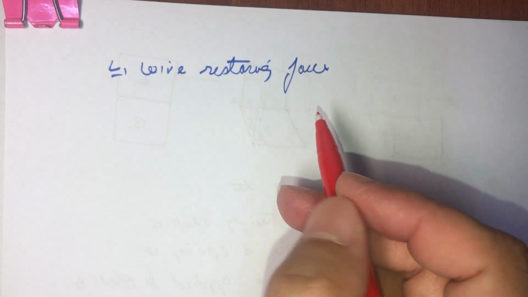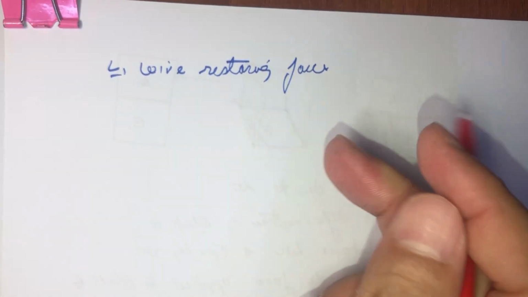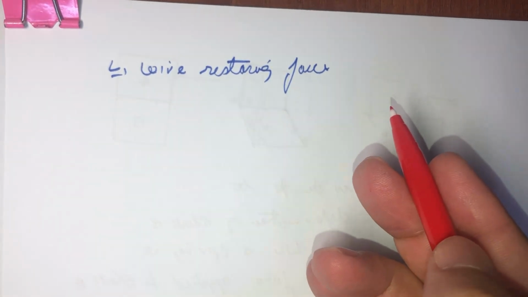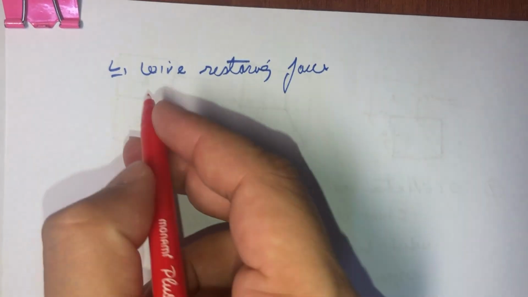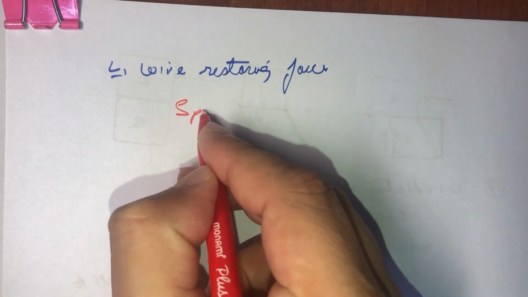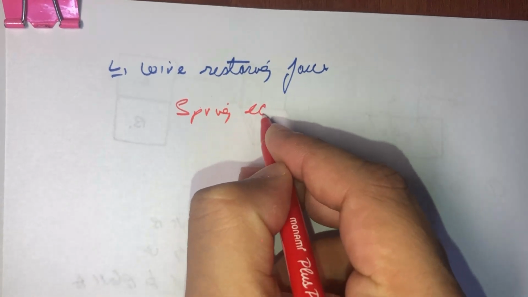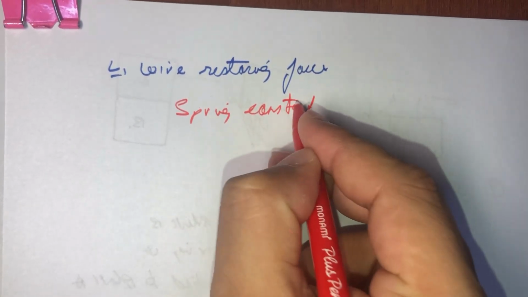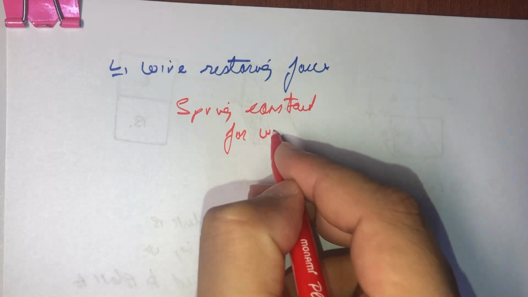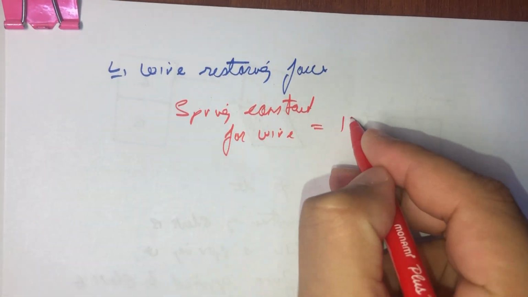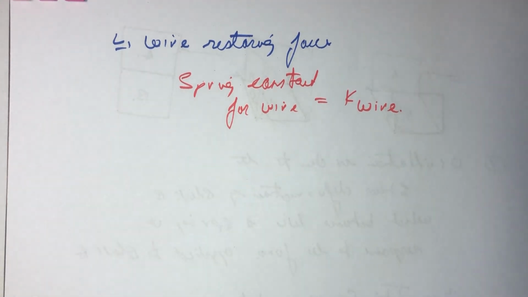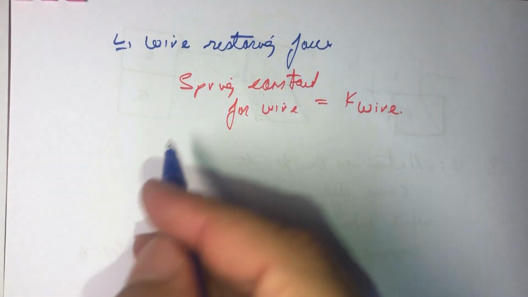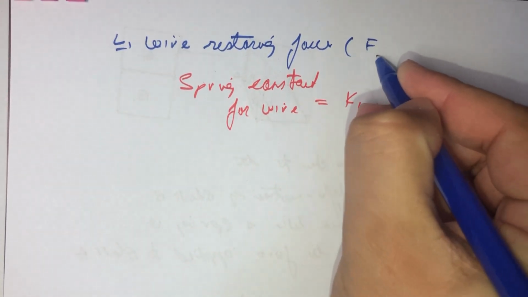The effective spring constant for the wire is given as K wire. Therefore the wire restoring force, let us call that F wire.